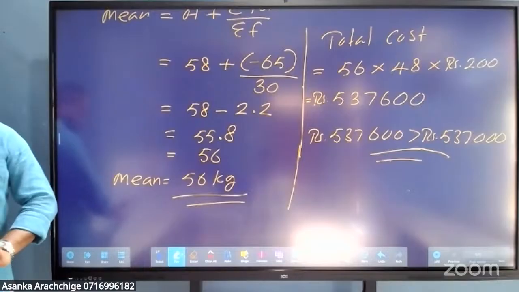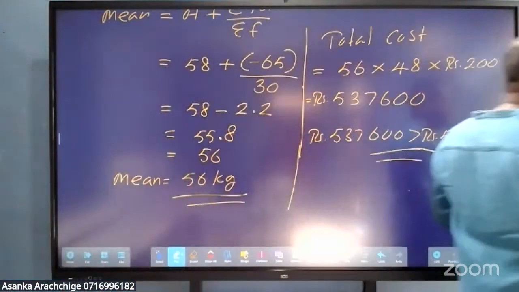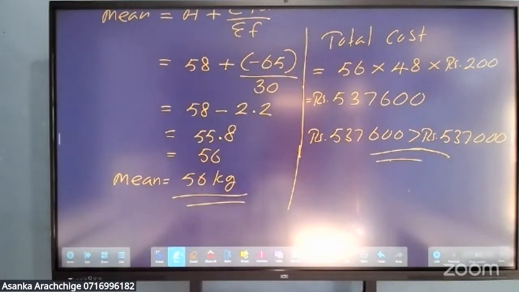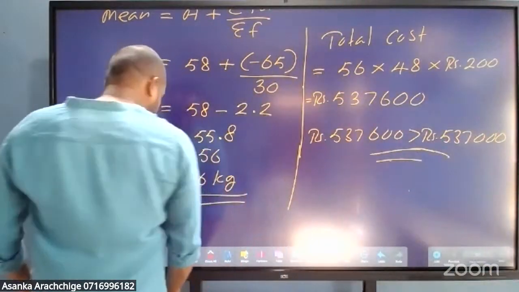Got it? Right. The last question. Trigonometry question.